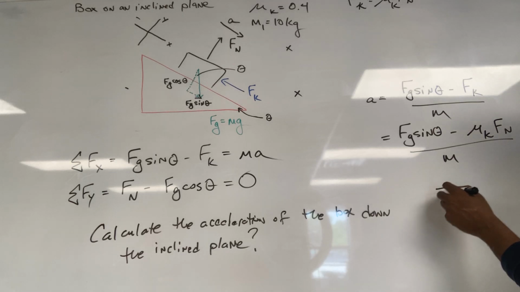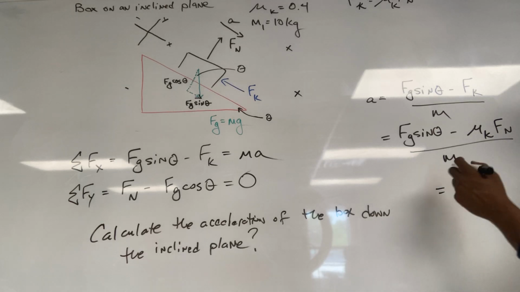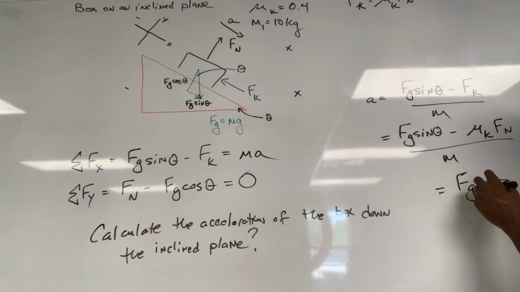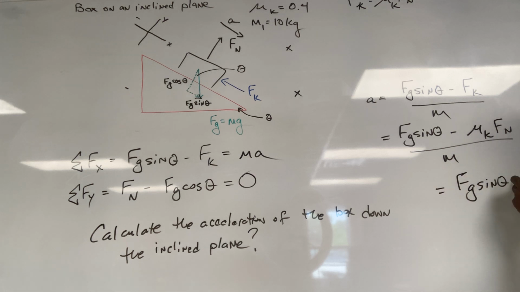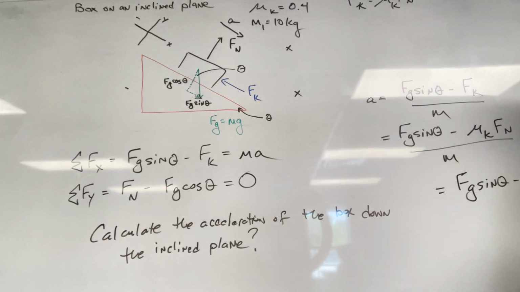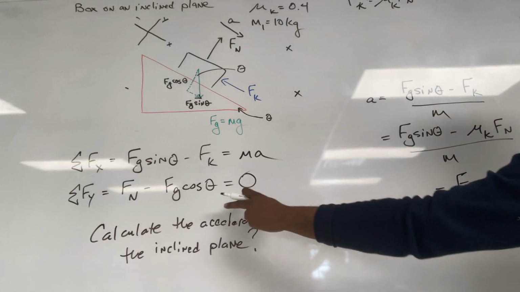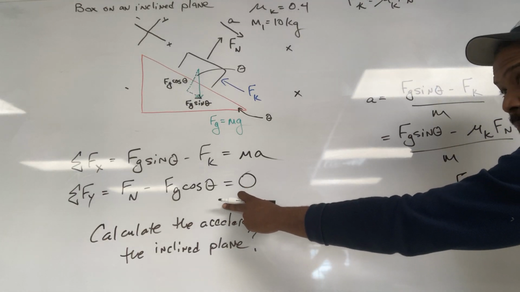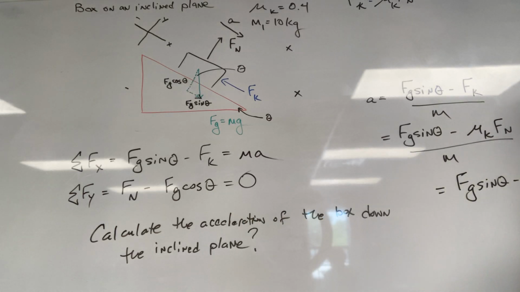And we can go further. Now we can say FG sine theta minus mu of K, and we know F of N is equal to F of G cosine theta.